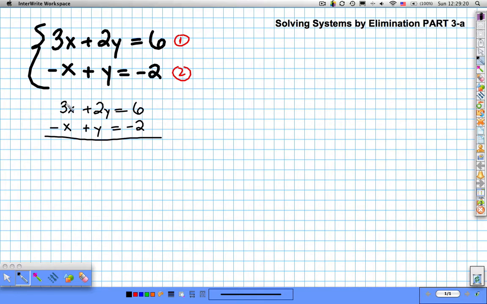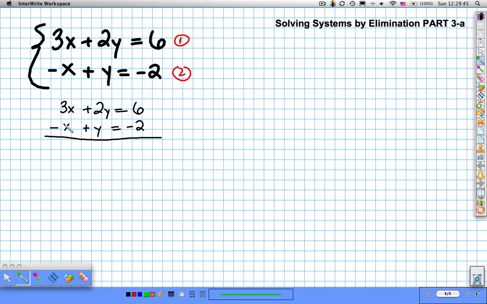I'm looking at these x terms. Notice this is a +3, but this is a -1. I'm asking myself what I could do to make them inverse operations. Obviously this is too small. What if this was a -3x? To make this -3x, we'd have to multiply by 3. We could do that.